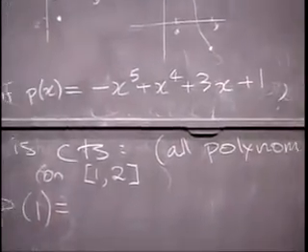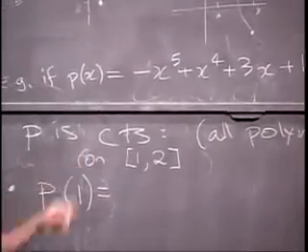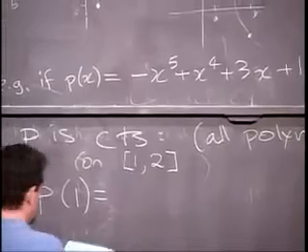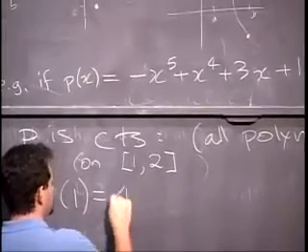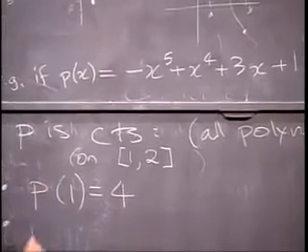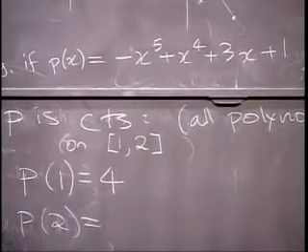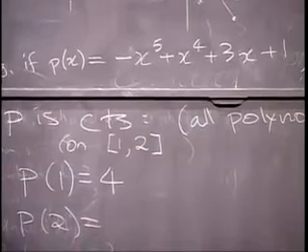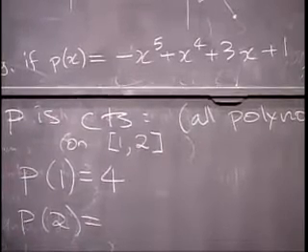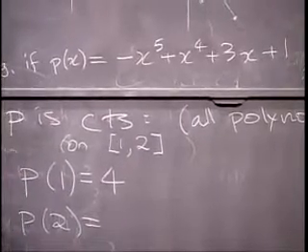So you plug in 1, you get minus 1 plus 1 plus 3 plus 1, which I believe is 4. Now plug in 2. 2 to the 5th is 32. So you actually get minus 32 plus 16.